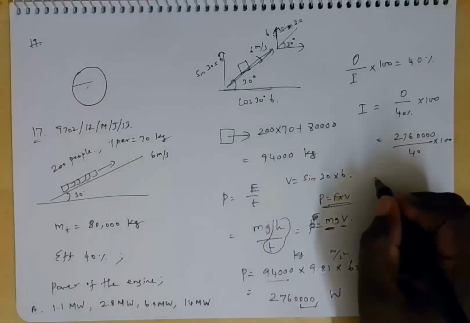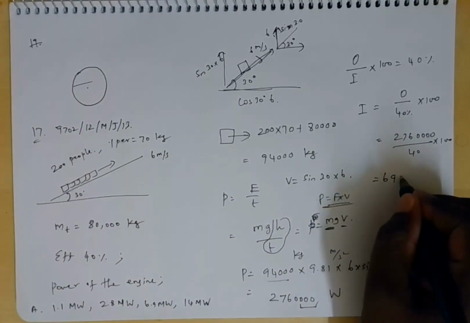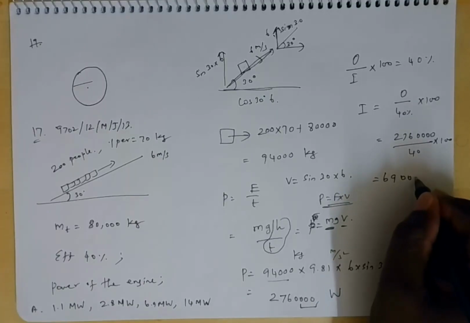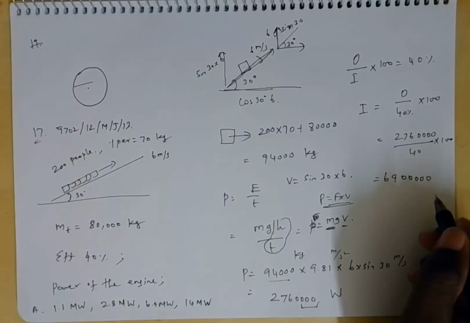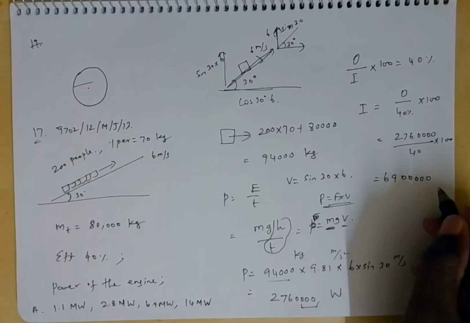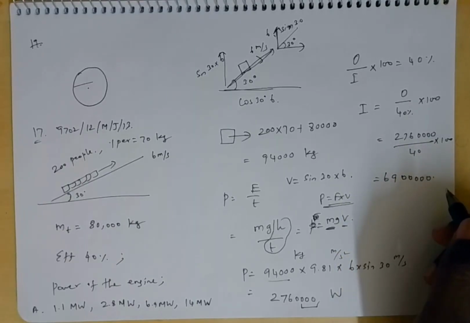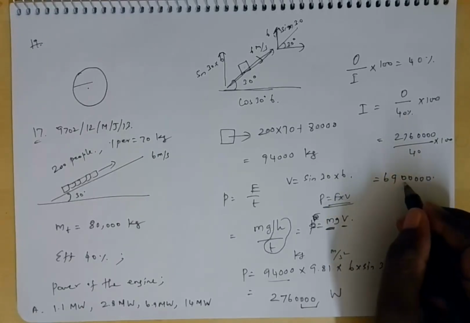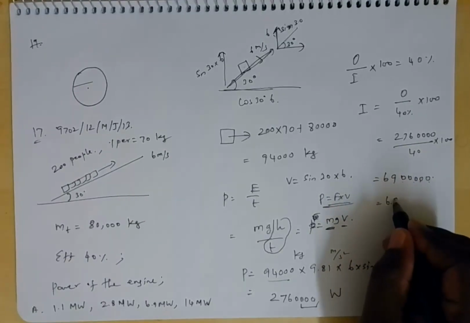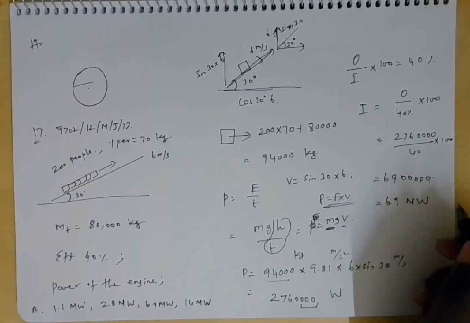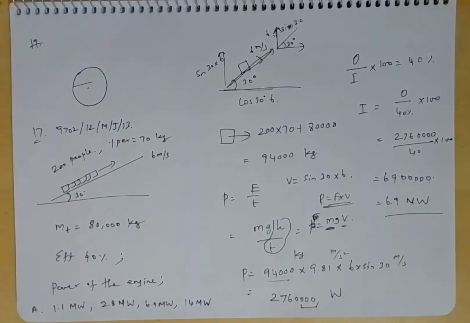So what you get is 6.9 megawatt. So option C.